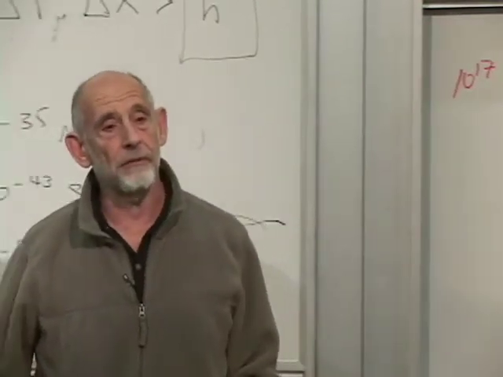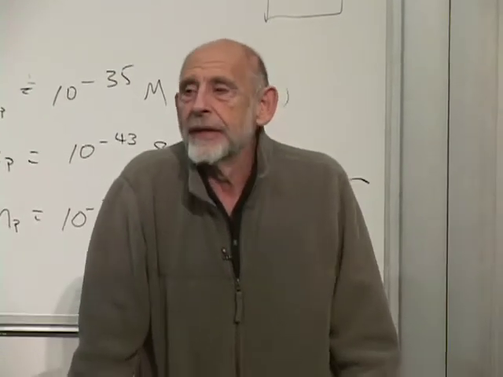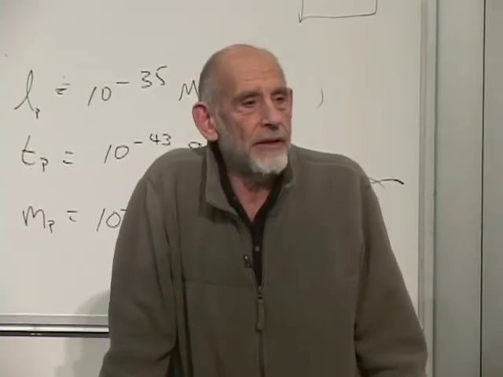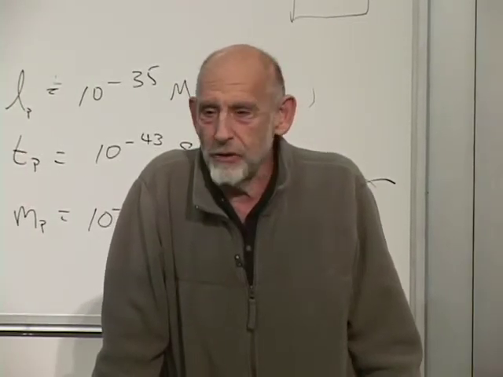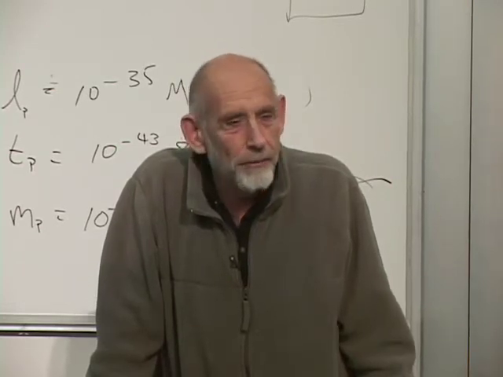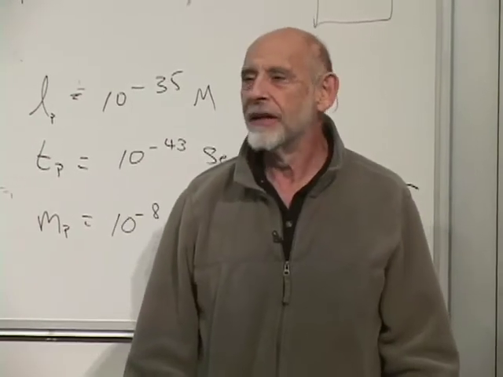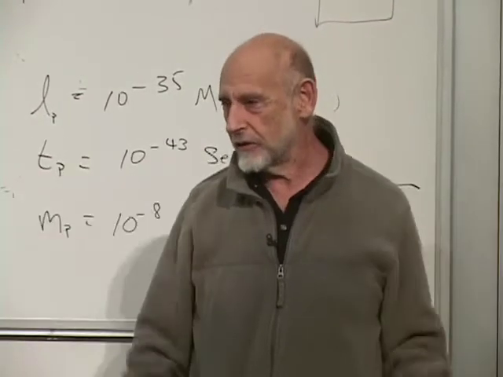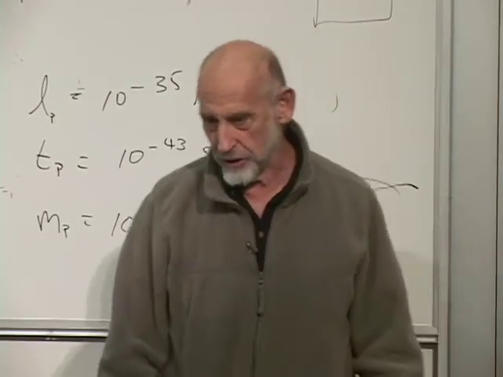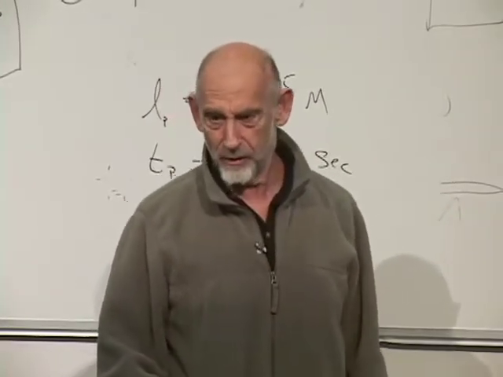How big is 10 to the 17th miles? Oh man. 10 to the 13th miles is about a light year, or 10 to the 13th kilometers, something like that, if I remember. So 10 to the 17th is 10 to the 4th light years: galaxy size. Galaxy size to accelerate something up to the Planck mass. We're not going to do it, at least not tomorrow.